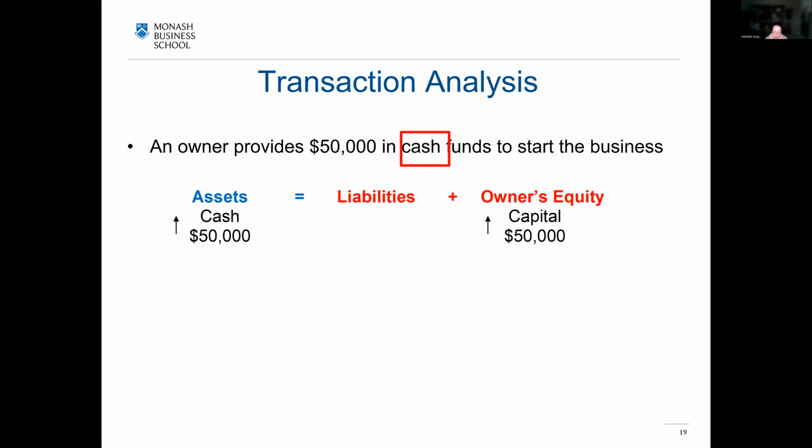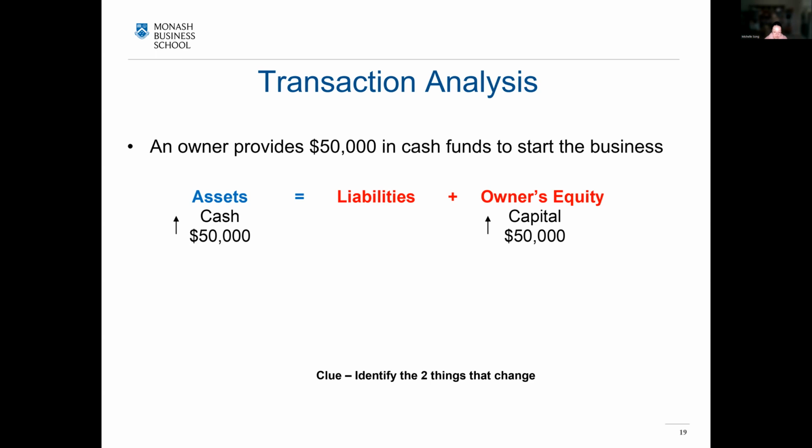The next question is: what happened to these accounts, increase or decrease? What happened to cash in the business? Well, we have to look at this from the business perspective, not from the owner's perspective. In this case, cash increased by 50,000 because the business received 50,000 cash. At the same time, the owner's equity in the business also goes up by the same amount.